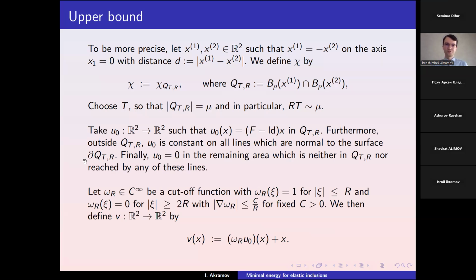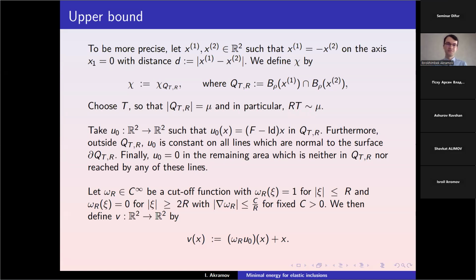and outside of Q_t^r, u0 is constant on all lines which are normal to the surface of Q_t^r, and finally u0 equals 0 in the remaining area, which is neither in Q_t^r nor reached by any of these lines.